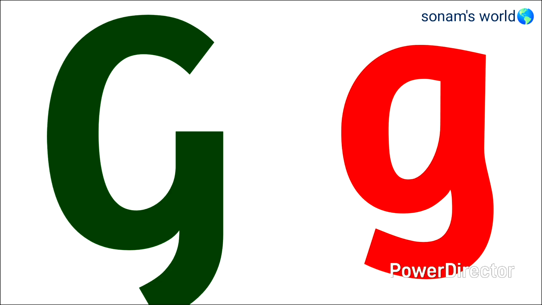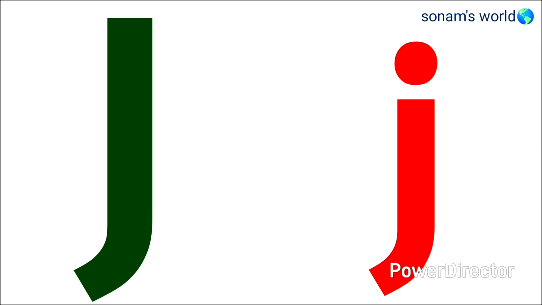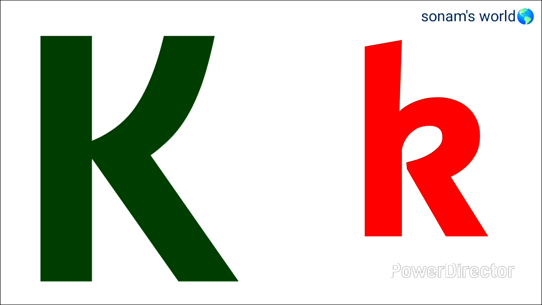G. G for grapes. H. H for hen. I. I for ice cream. J. J for jug. K. K for kite. L. L for lion.